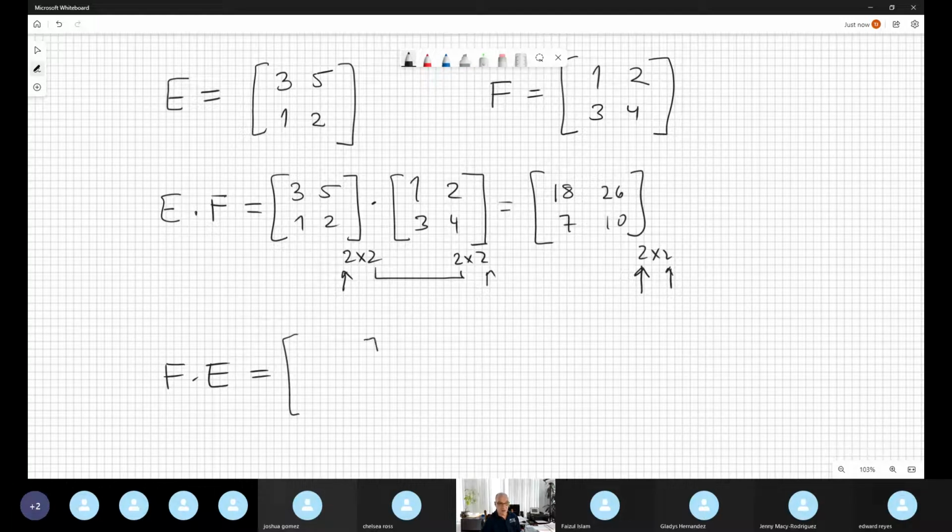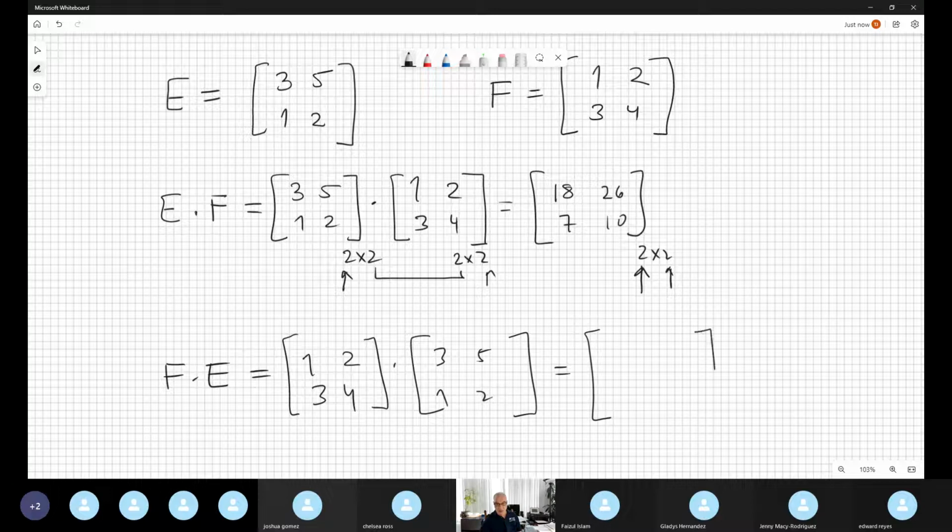Now I'm switching to verify that it's not always the same. So now I multiply in a different order. I multiply like that: 1, 2, 3, 4, and 3, 5, 1, 2. The dimensions match because we are talking about square matrices. When the dimensions are the same, 2 by 2 or 3 by 3 or 4 by 4, it's a square matrix, a family of square matrices.